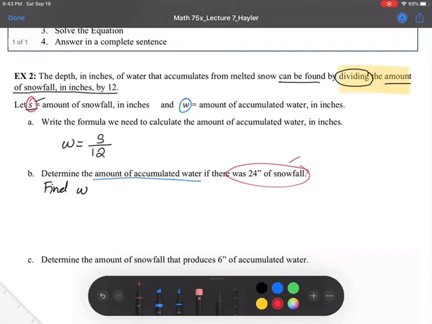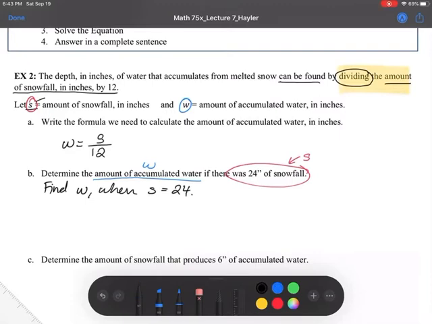The snowfall amount, remember, that was S. So we're going to find W when S equals 24. Because remember, the amount of accumulated water is W.